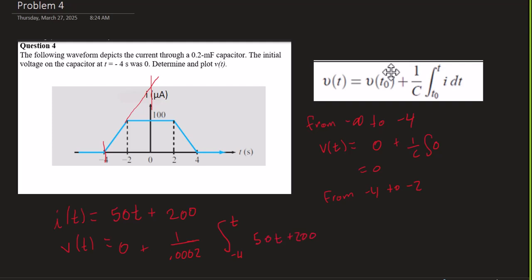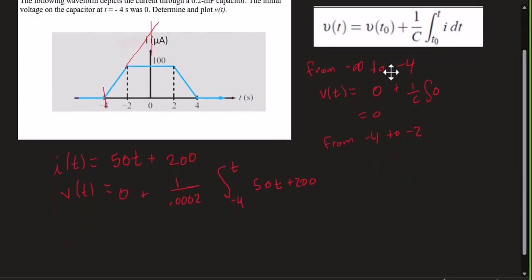So why am I not doing from -4 to -2? Because I'm not trying to get the voltage at -2. I'm trying to get a function for the voltage over this interval. So I'm taking the integral from -4 to t in order to get the function.